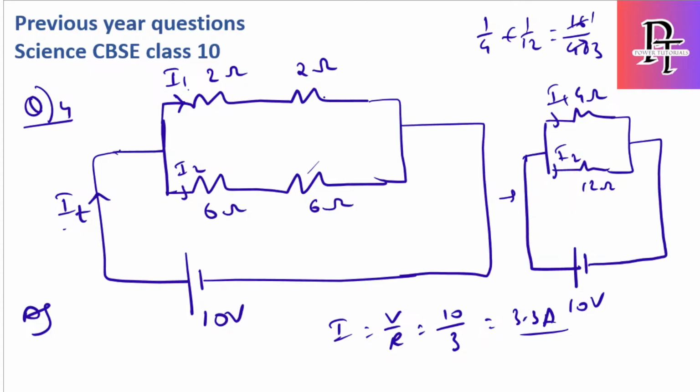As these two are in parallel connections, this one and the cell, all three are in parallel. So the same voltage will be across these two circuits as well. So here the voltage is again 10 volts and here the voltage is again 10 volts. Now can you answer what is I1 and I2?